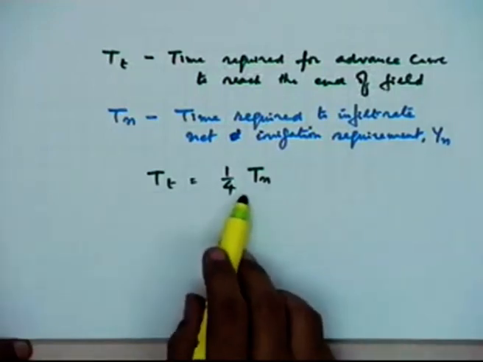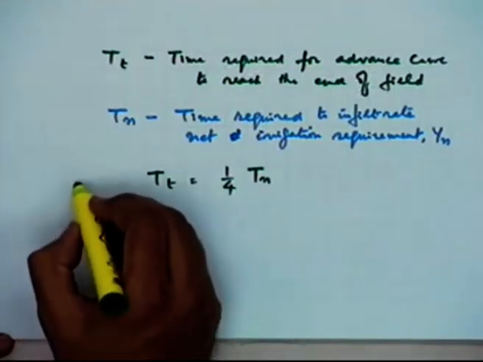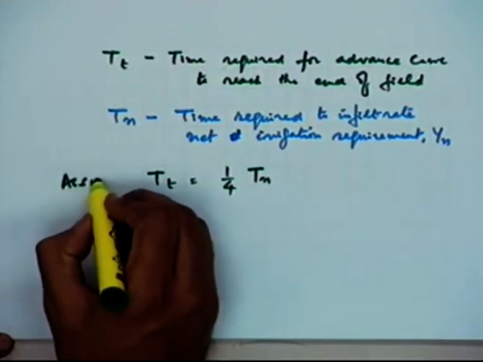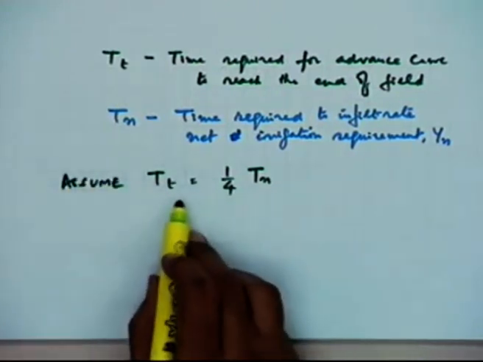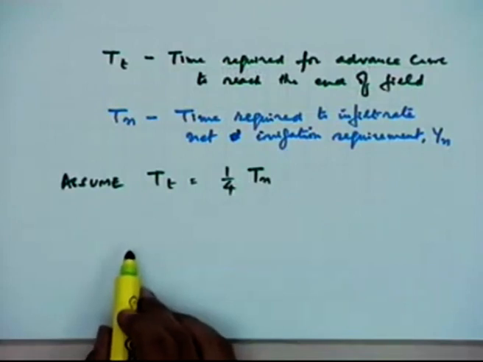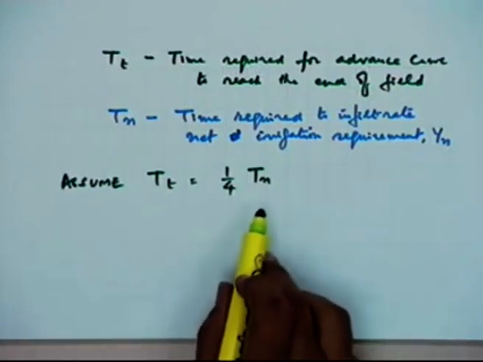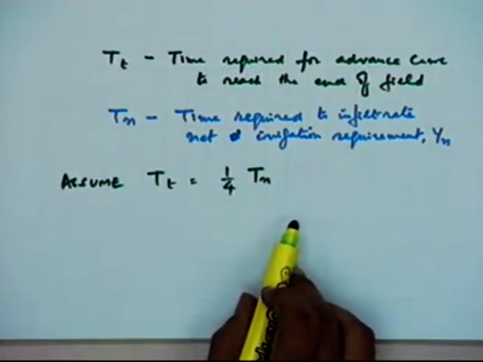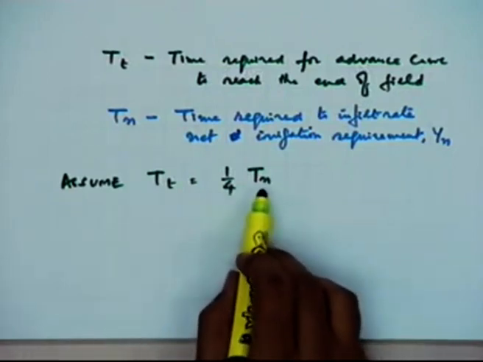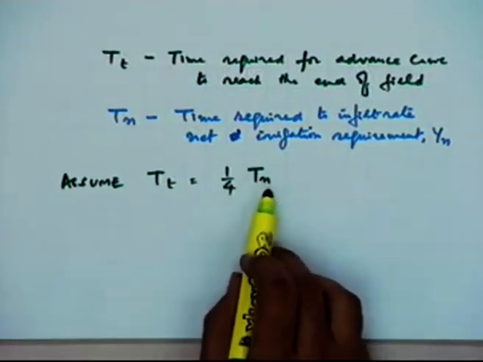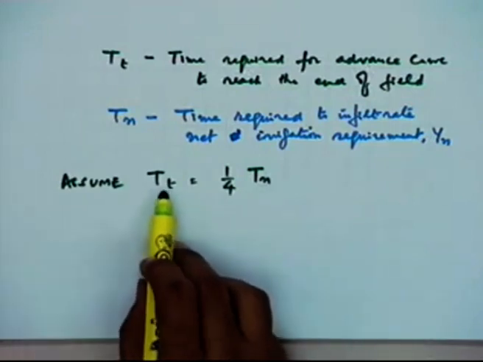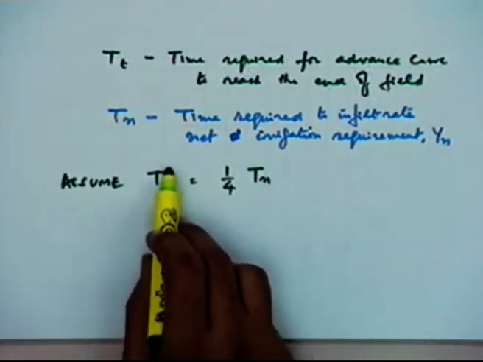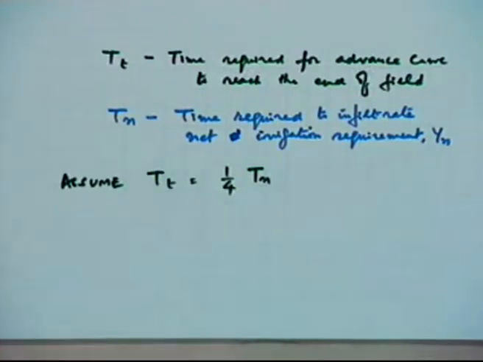So, let us make an assumption that for the present case which we are going to consider, Tt is 1/4 the Tn. The time taken for the net irrigation depth to be achieved is 4 times the time taken for the advance curve to reach the downstream end.